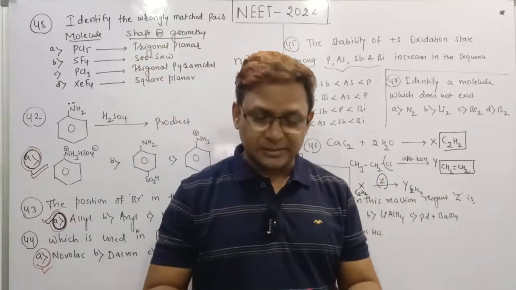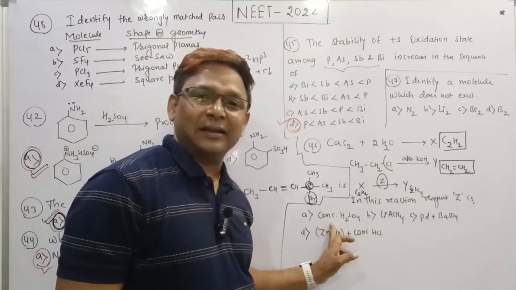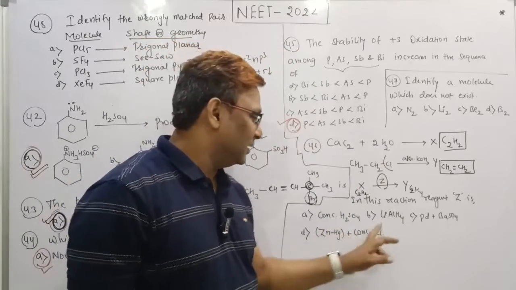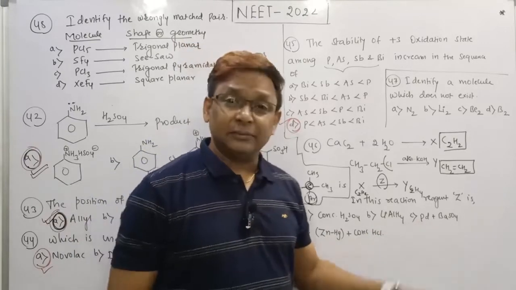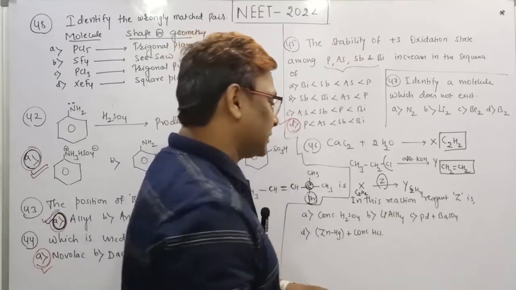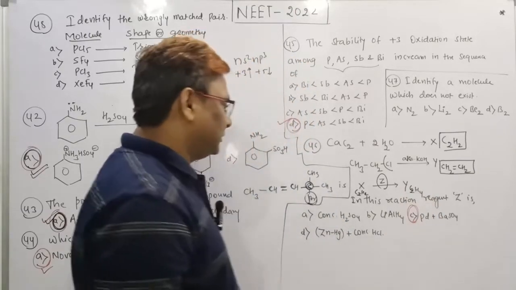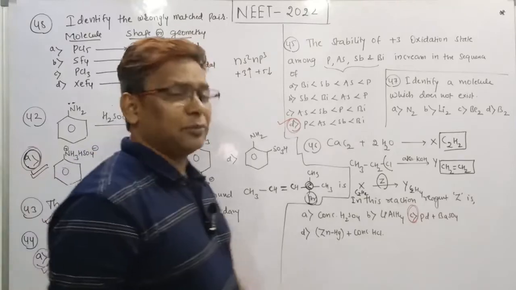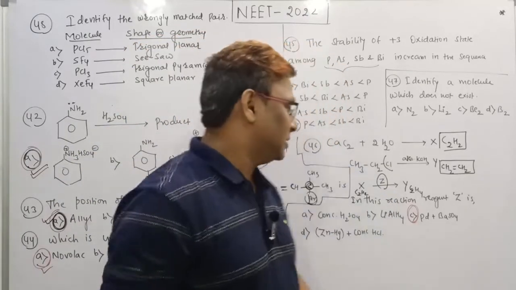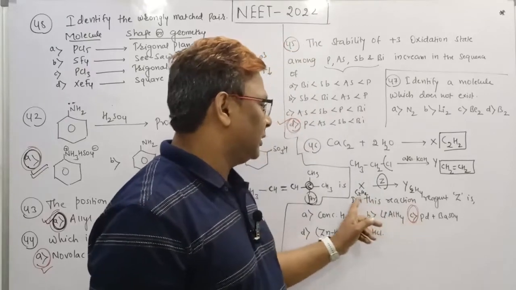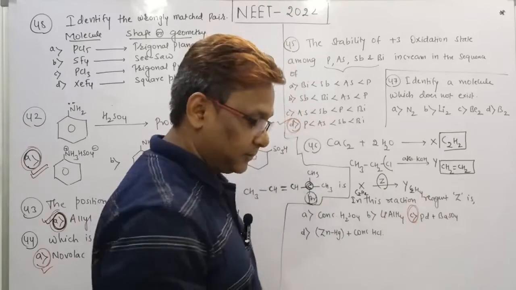Addition of hydrogen is called reduction. Concentrated sulfuric acid acts as a dehydrating agent, we don't require it here. Pd with BaSO4, yes, it's Lindlar's catalyst, can be used for the reduction. And zinc amalgam with conc HCl is the Clemmensen reduction, we don't want that. So directly with Pd/BaSO4, C2H2 can be converted into C2H4.